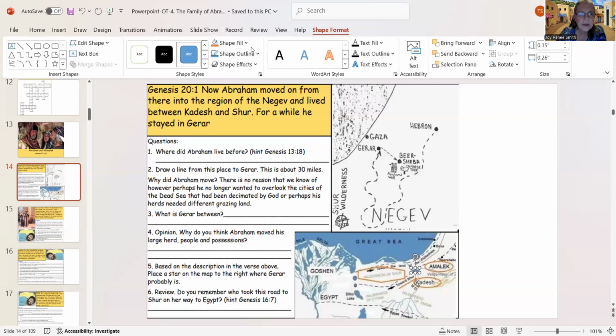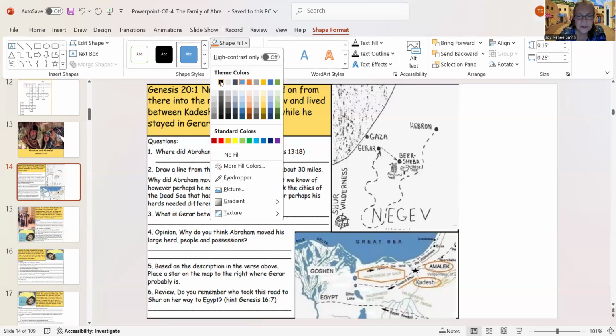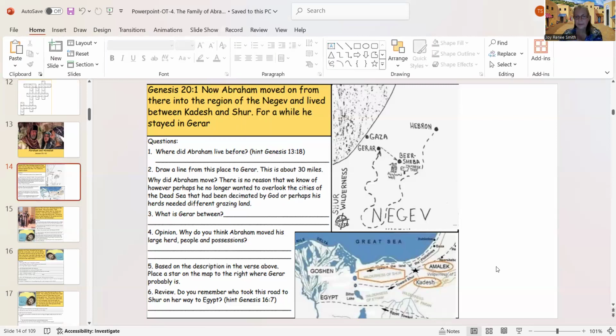Make that black so it's easy to see. Okay, probably in there somewhere. Do you remember who took this road to Shur on our way to Egypt? If you look back, the person who took this road to Shur on our way to Egypt would have been Hagar, the Egyptian slave of Sarah, when she ran away.